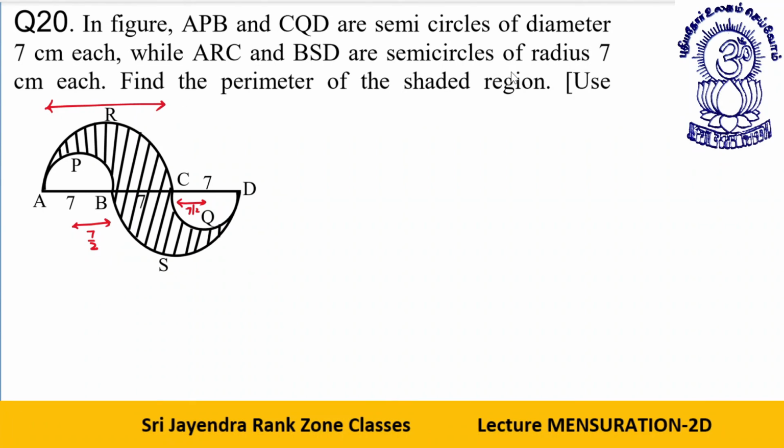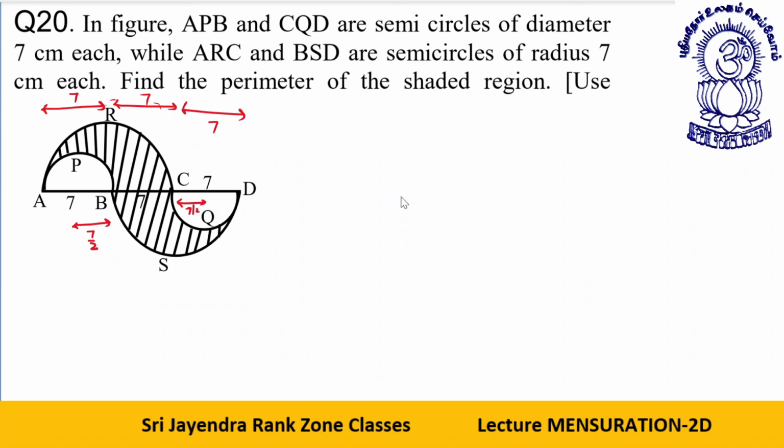It means this portion is 7, this portion is also 7, and this portion is also 7. Each of the portions is 7, and these are 7 by 2 radius. Find the perimeter of the shaded region.